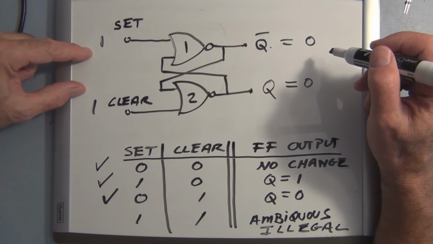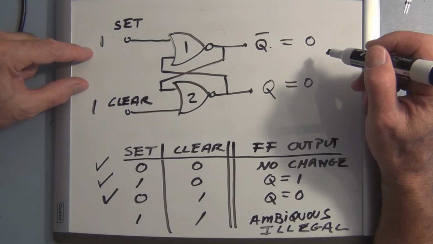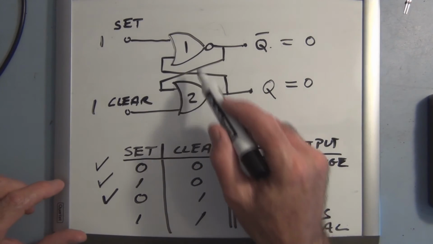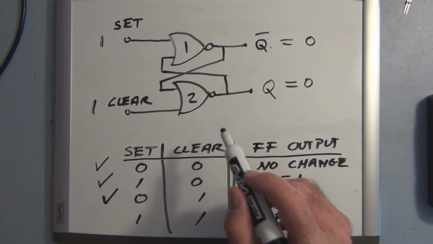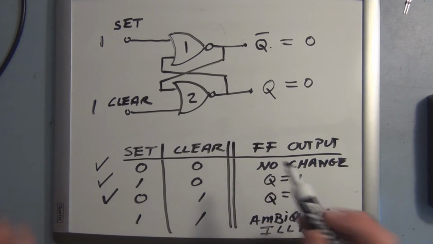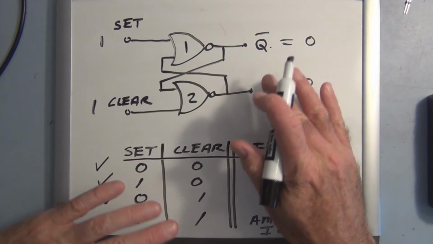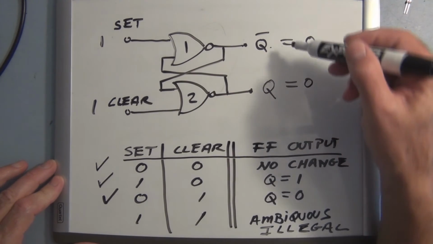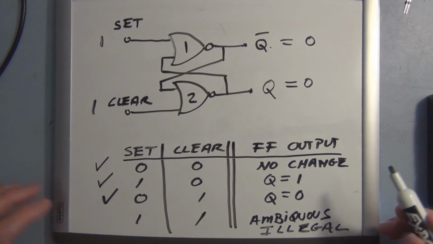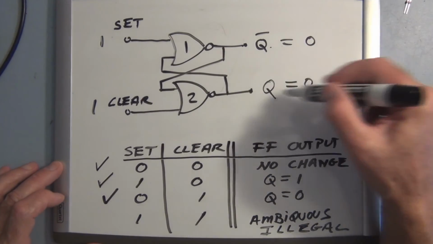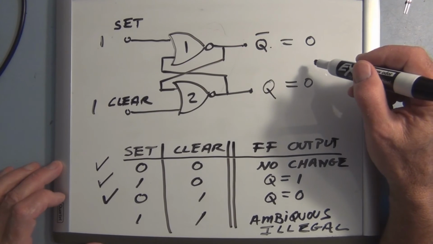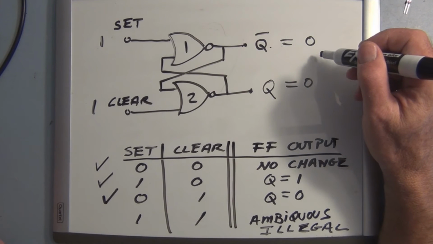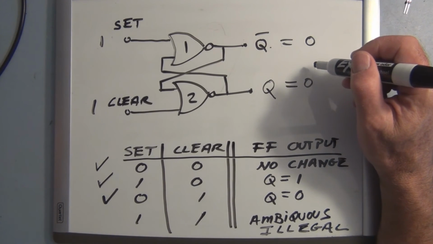And the same thing happens when you go to remove these signals: you're not going to be able to remove them at the exact same time, and whatever signal is removed or applied first in time, the flip-flop will switch states, and either Q will be 1 and Q naught 0, or vice versa. But this is considered an ambiguous or illegal condition because it's unstable. And by definition, the flip-flop is going to have two outputs that are opposite each other.